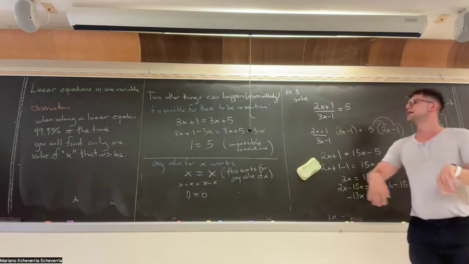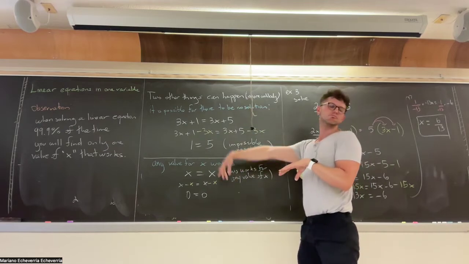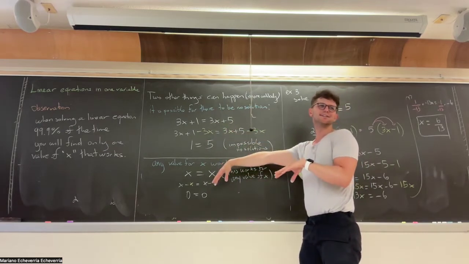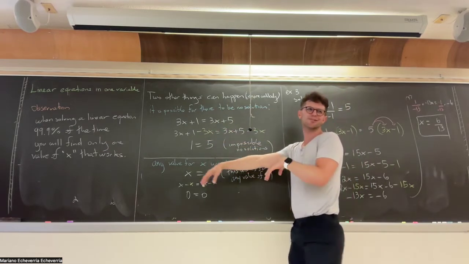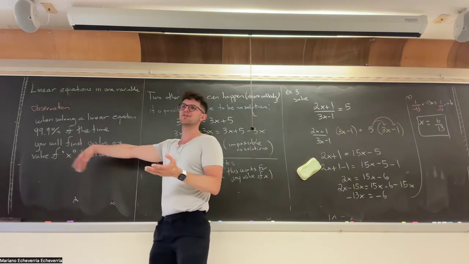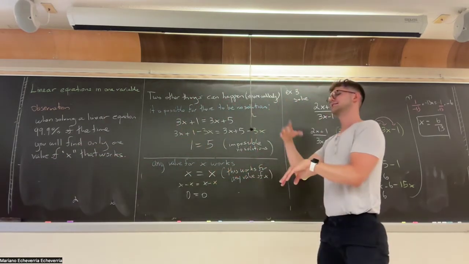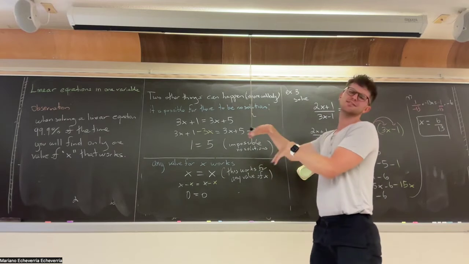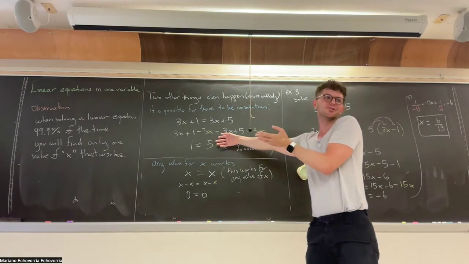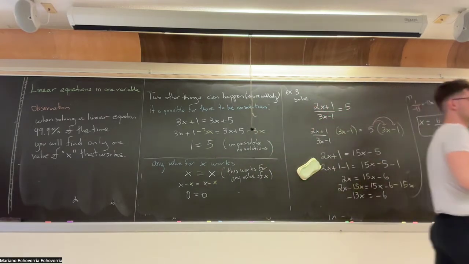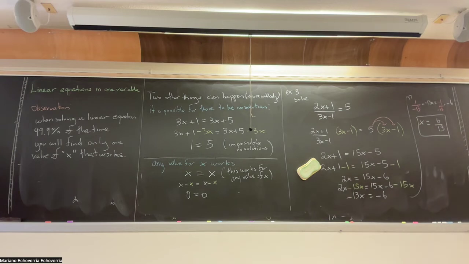Okay, so again, I wouldn't lose any sleep over these. For all the problems that I'll give you, there will actually be a single solution. But if the equation is simple enough, then things can go wrong, and either you get no solutions or any number works.